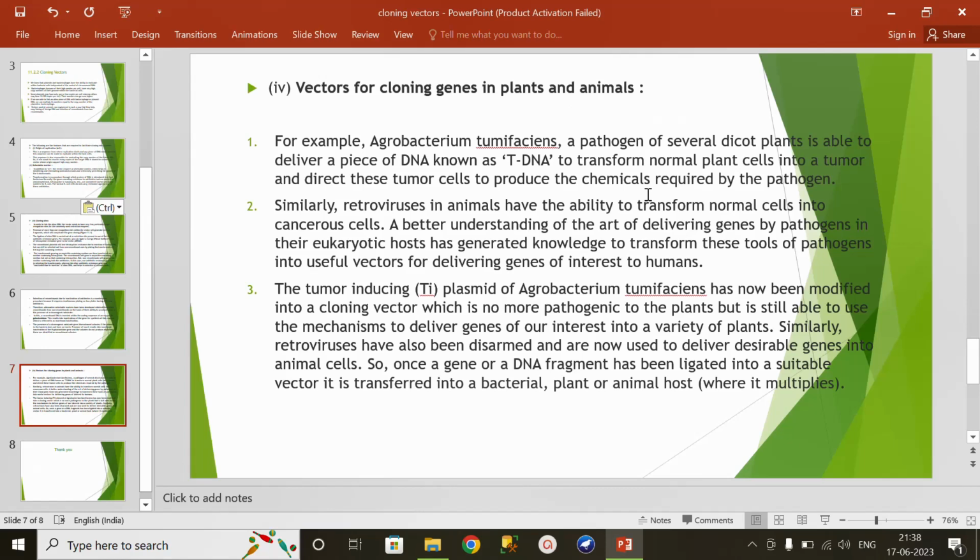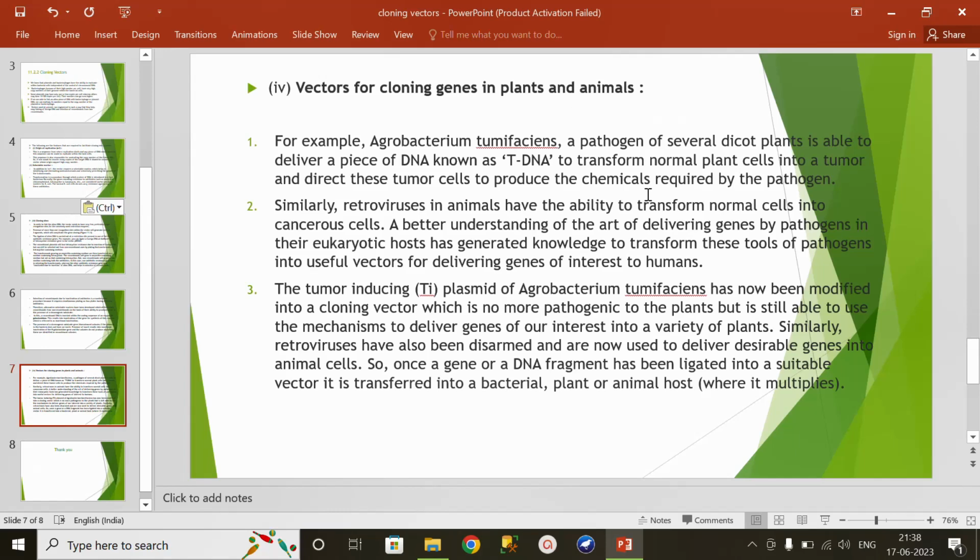The tumor inducing plasmid, that is the Ti plasmid of Agrobacterium tumefaciens, has now been modified into a cloning vector, which is no more pathogenic to plants but is still able to deliver genes of our interest into a variety of plants. If you use Agrobacterium tumefaciens to infect the plant, then it can produce tumor cells.